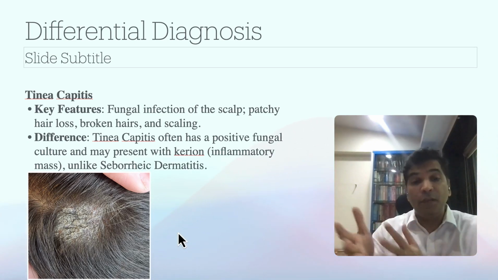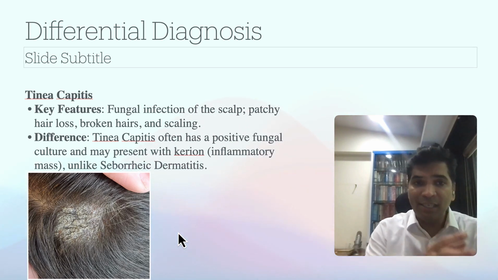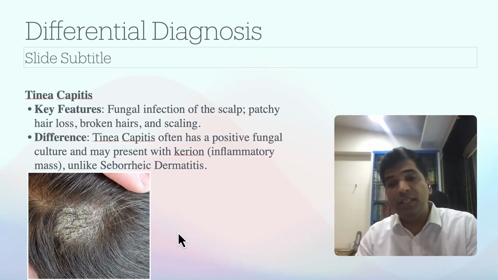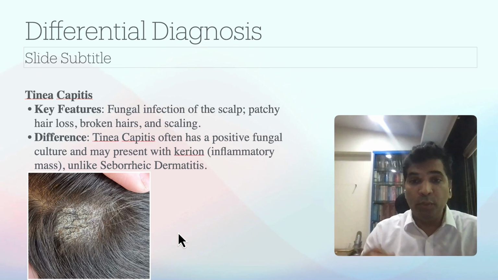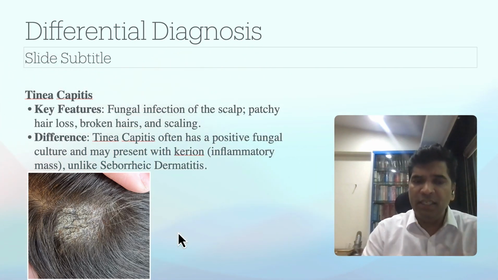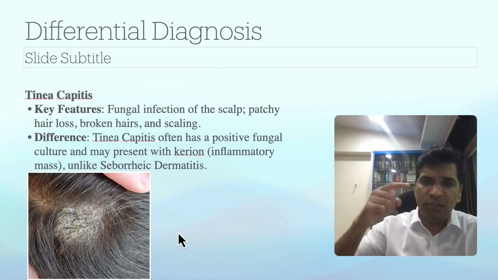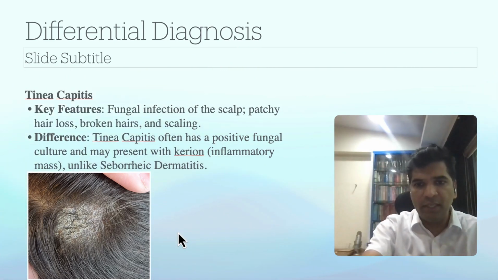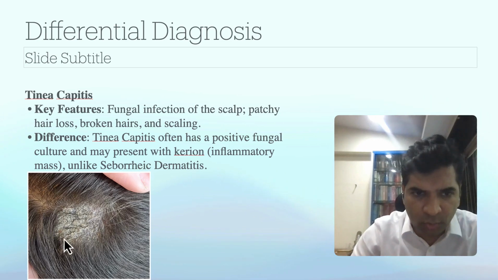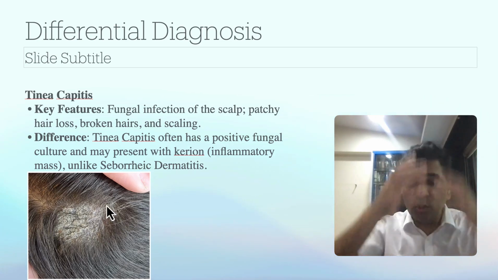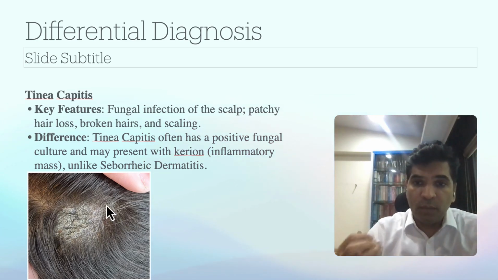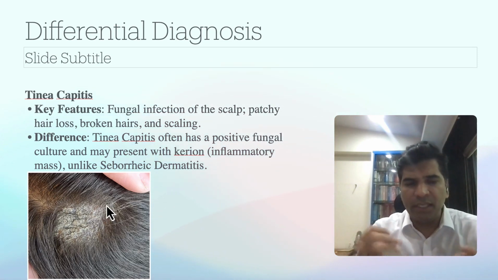How to differentiate tinea capitis from seborrheic dermatitis without doing a test? In tinea capitis, usually the eruptions are localized in one area, not generalized all over the scalp, which we find very commonly in seborrheic dermatitis.